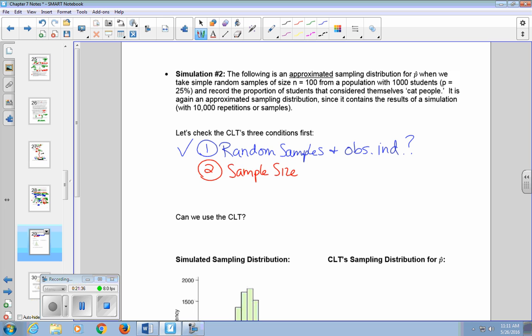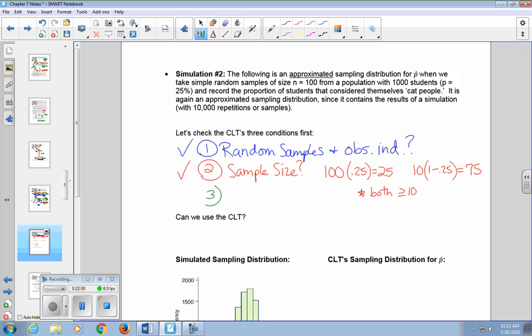Is the sample size large enough? If we do n times p, and n in this case is 100, notice we get 25. And if we do n times 1 minus p, we get 75. Since these are both greater than or equal to 10, we can say this condition has been met.